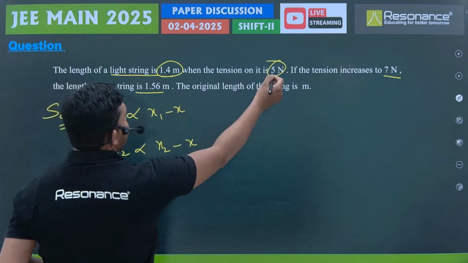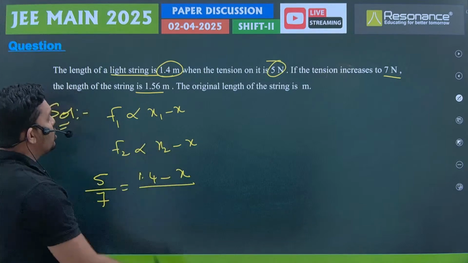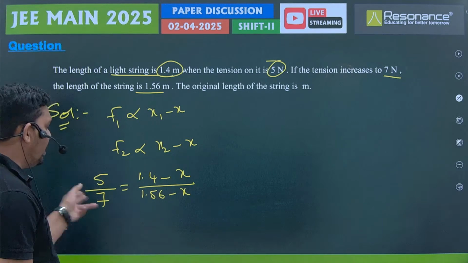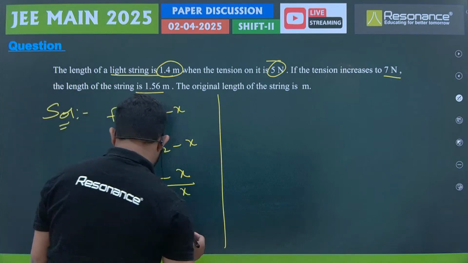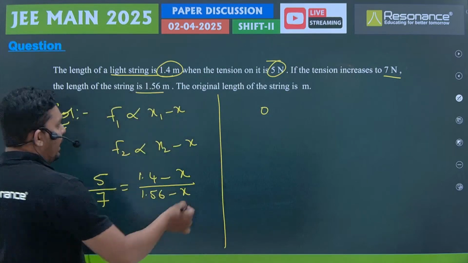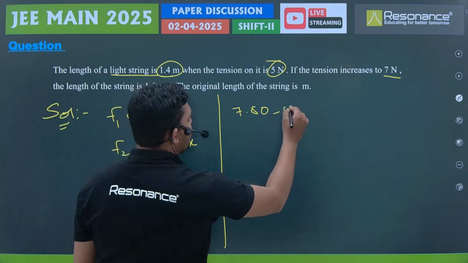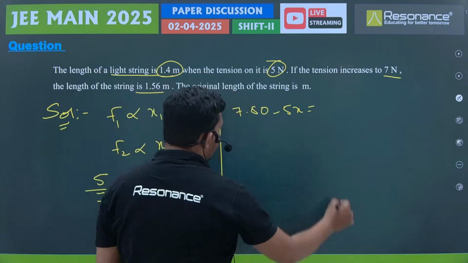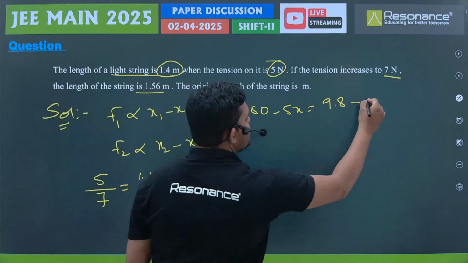Now, what is the value of X1? For 5 newtons, the length of this string was 1.4 minus X, whole divided by X2, which is 1.56 minus X. Now we need to do the cross multiplication. 6 5s are 30, and 5 5s are 25, plus 5 is 7.80 you are going to get here, and this is going to be minus 5x, which equals 1.4 into 7, so 4 7s are 28, that is 9.8 minus 7x.